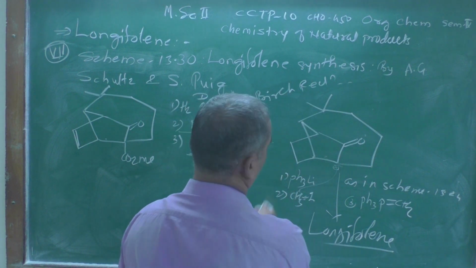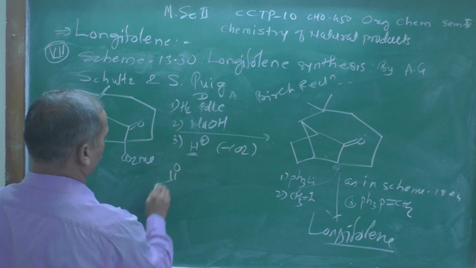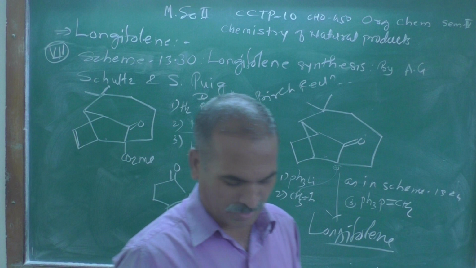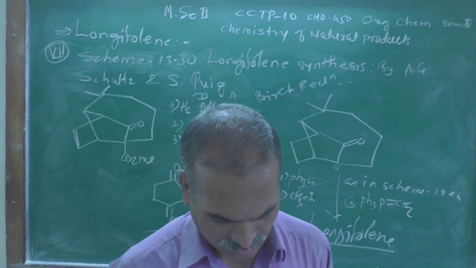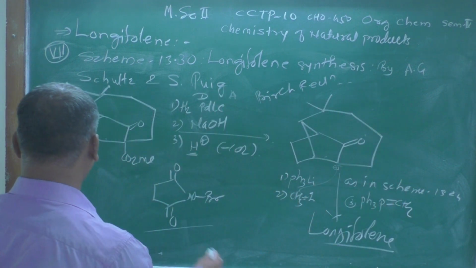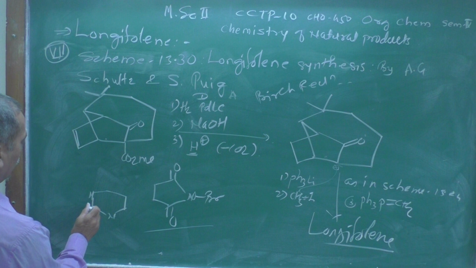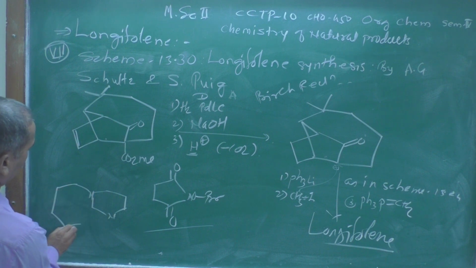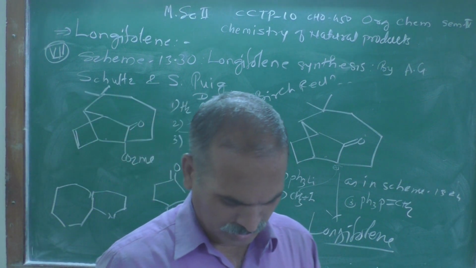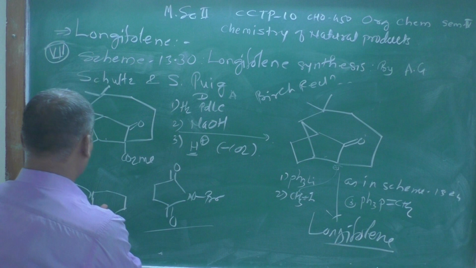That NBS which we have used in the previous case, the structure of NBS will be this one, N is Br, and this is known as N-bromosuccinimide. Then DBU, 1,8-diazabicyclo undec-7-ene, that structure we also know. Here there must be a double bond.